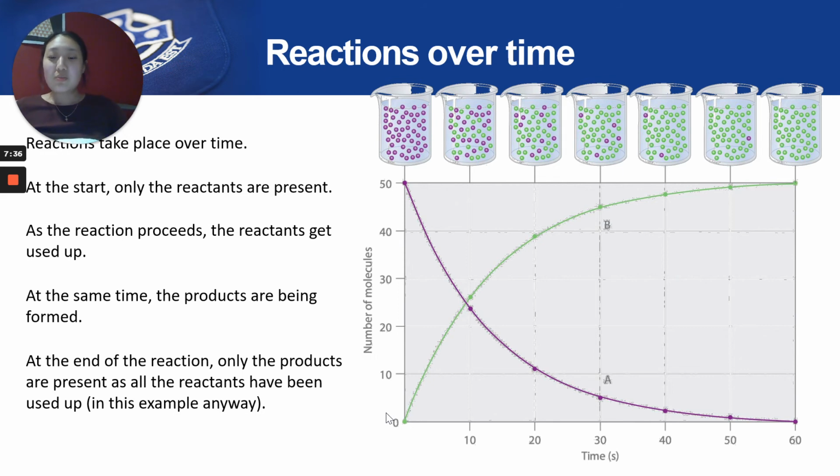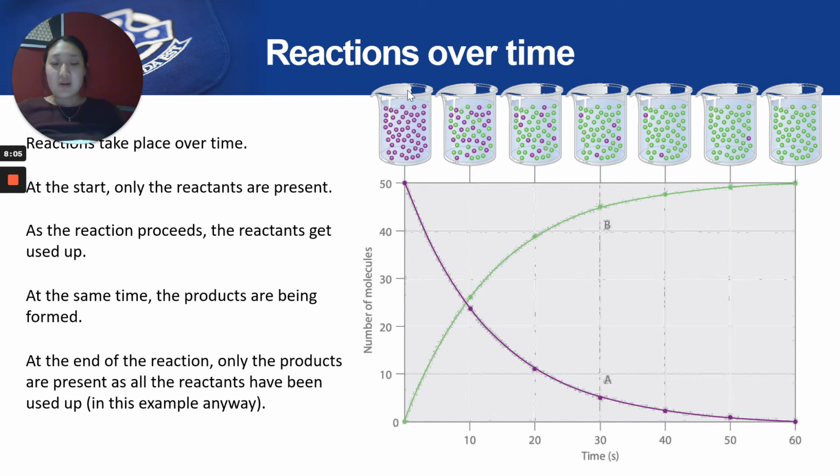As the reaction proceeds, the reactants get used up, so they decrease in number, but at the same time the products are being formed. As the number of reactant particles decreases, the number of product particles increases, and you can also see that in the picture.